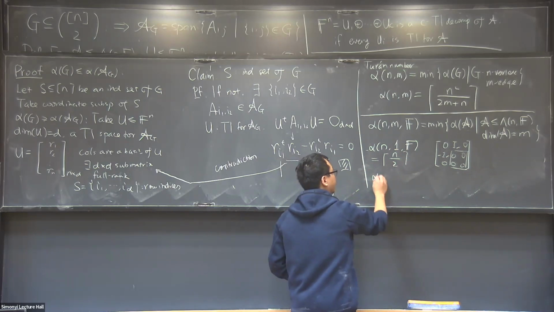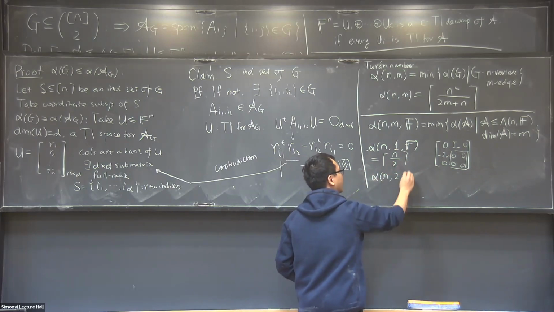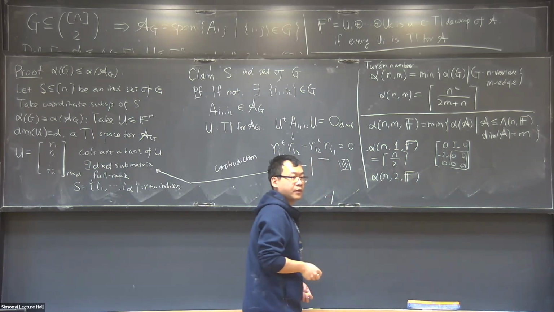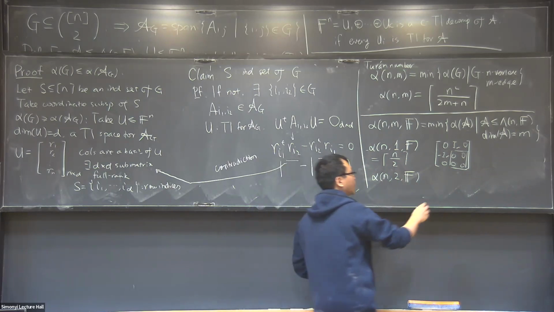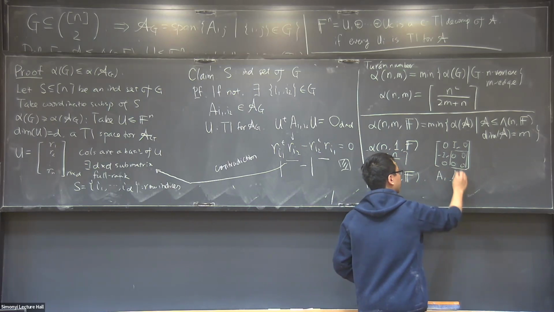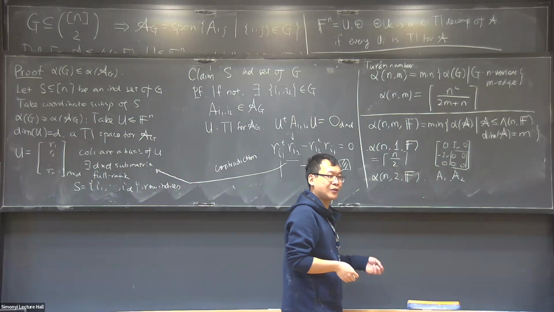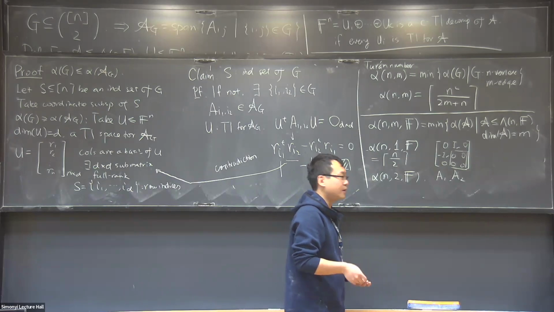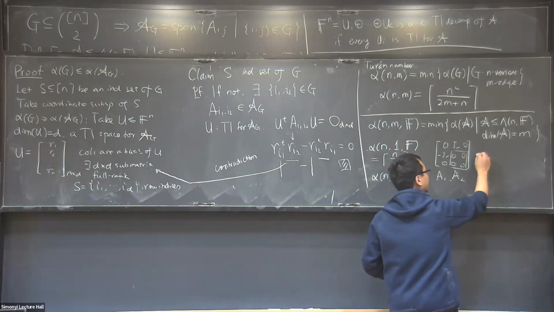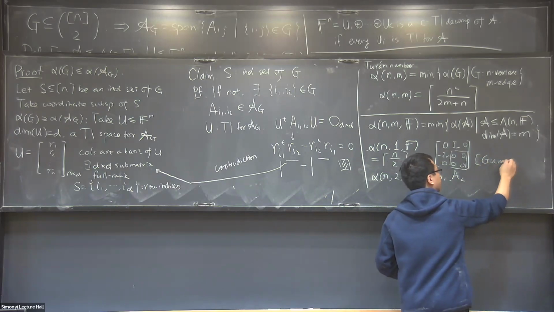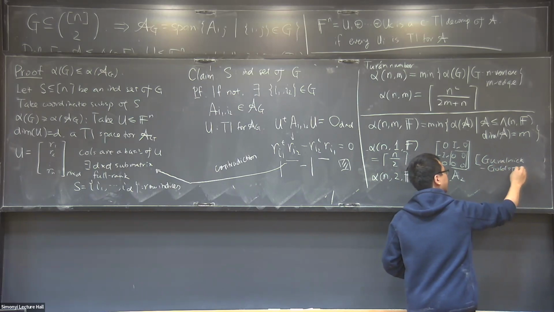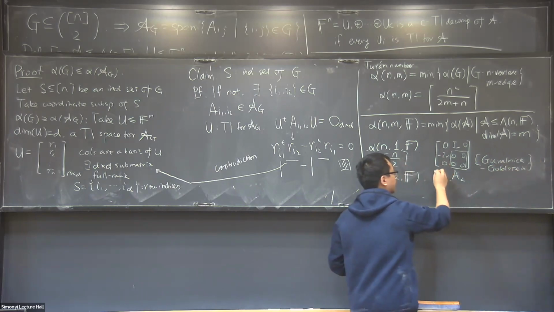Now let's look at alpha(n, 2, F). Now you have pairs of skew symmetric matrices, A1 and A2, which are both skew symmetric. Luckily, there's also some canonical form there. It's more complicated, more like the Kronecker-Weierstrass theory, but it's classical.